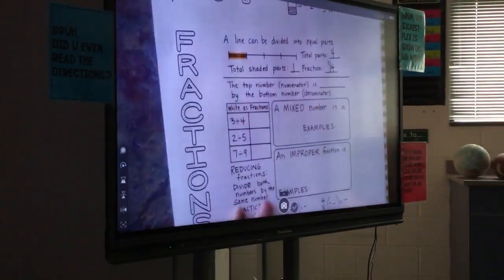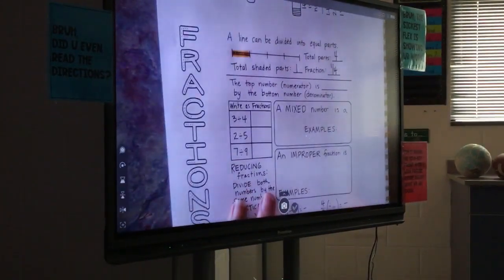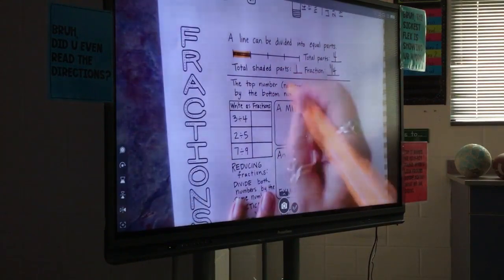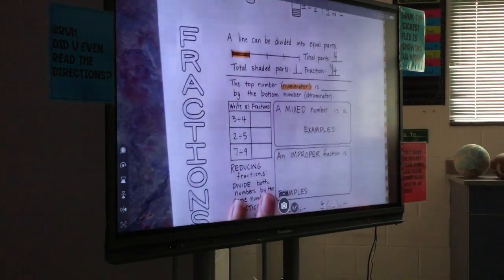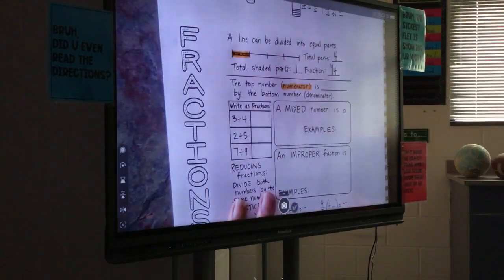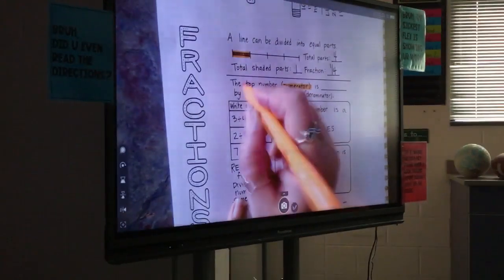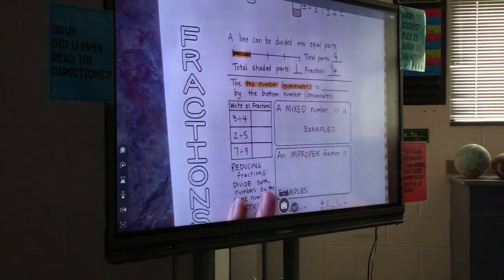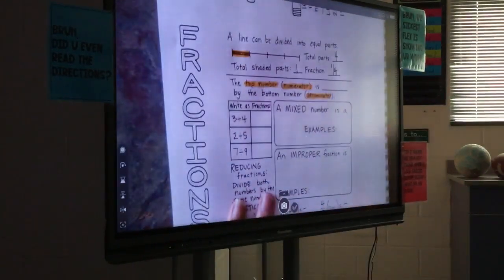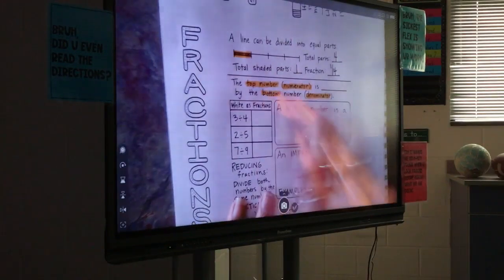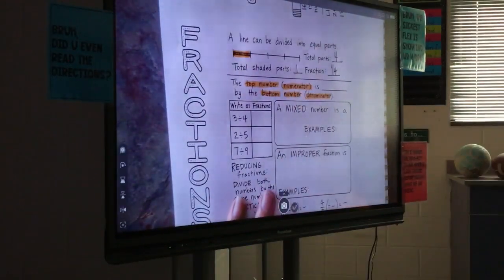All right, so numerator is your what number? The numerator is what number in your fraction? Your top number. Okay? Your denominator is what number? Your bottom number.